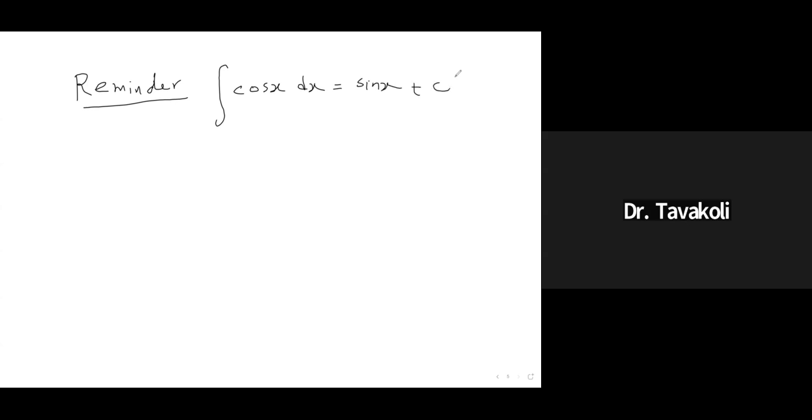And since the derivative of cosine is negative sine, it means that the integral of sine is minus cosine of x.